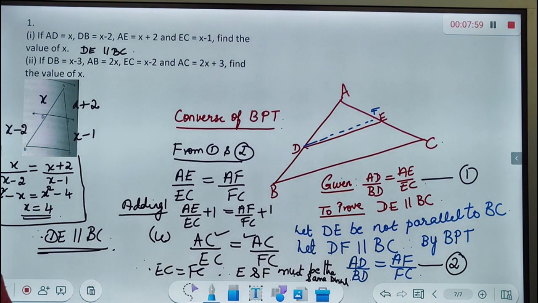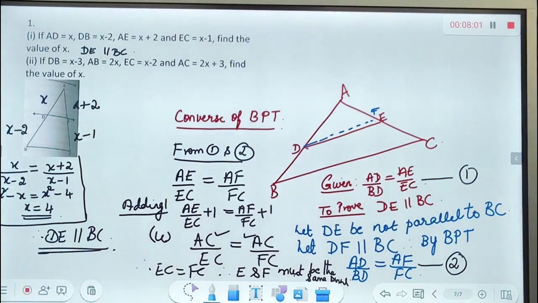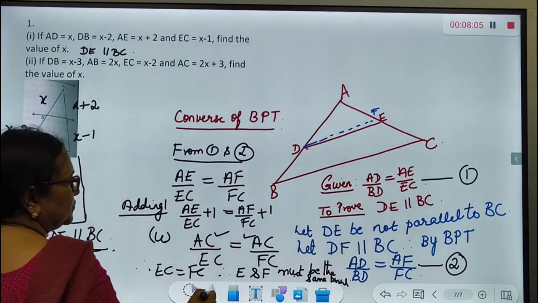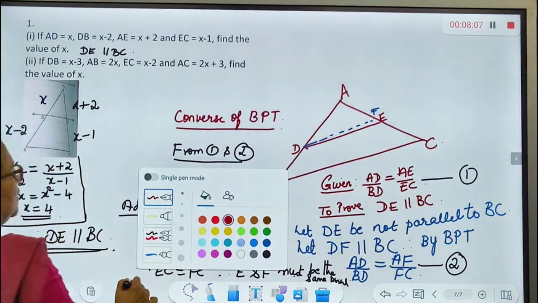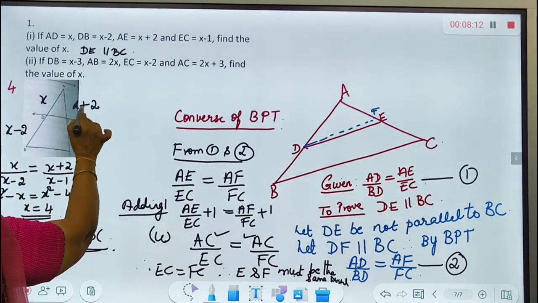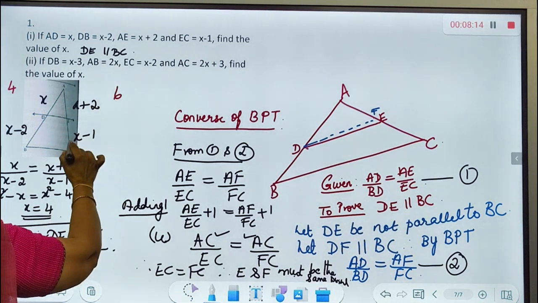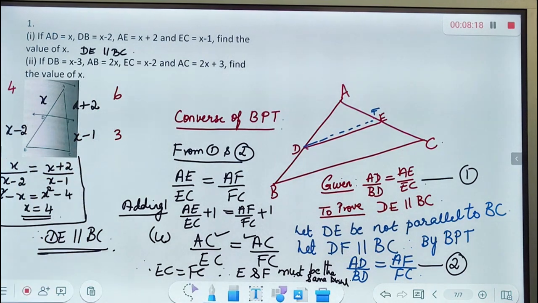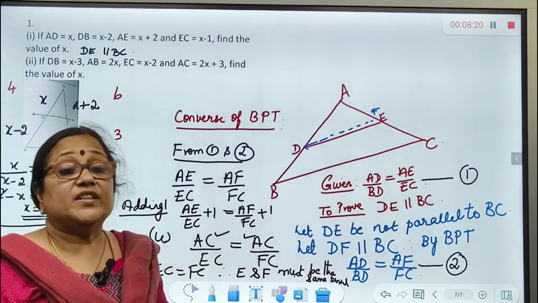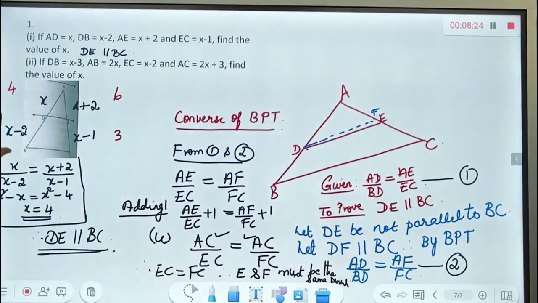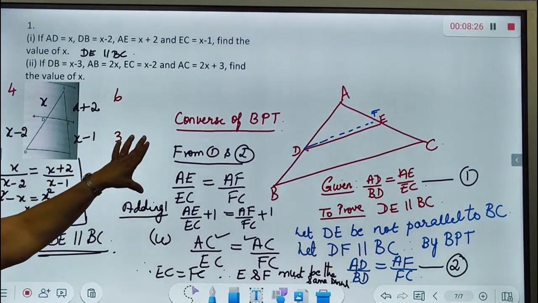So you can solve for x using the basic proportionality theorem. If x is 4, this is 2, this will be 6, this is 3. 4 by 2 is 2, 6 by 3 is also 2. So you can also verify whether the solution that you got for x is correct. It is correct because the ratios are one and the same.